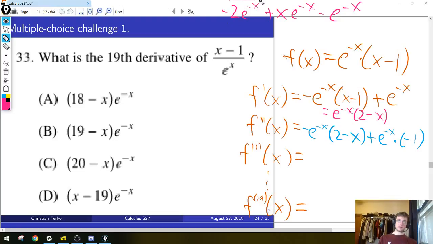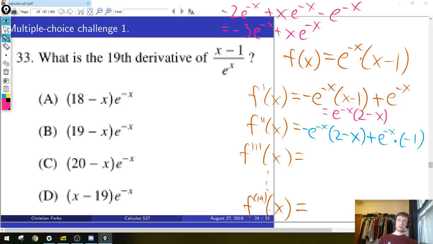Now we see that the first term and the third term are the same. We can combine the like terms. Minus 2 e to the minus x minus 1 e to the minus x is minus 3 e to the minus x. So combine those, and you get minus 3 e to the minus x plus x e to the minus x.